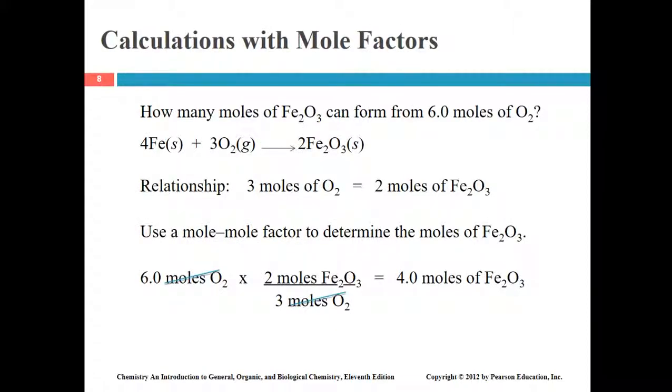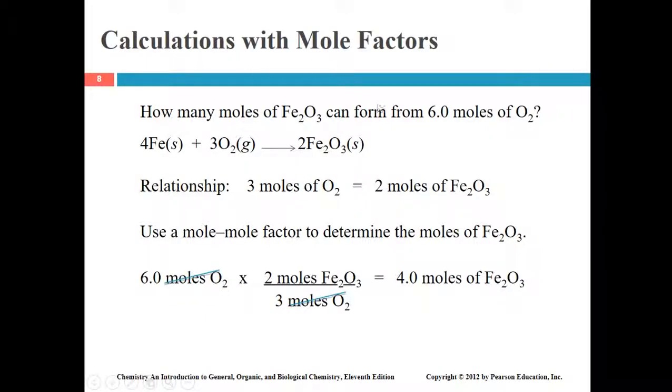So now then, let's apply this in an additional step. So let's do some calculations now. How many moles of iron 3 oxide can form from 6 moles of oxygen? Well, we know that we can use this relationship that we've worked so hard to balance to convert from moles of one item to moles of the other.